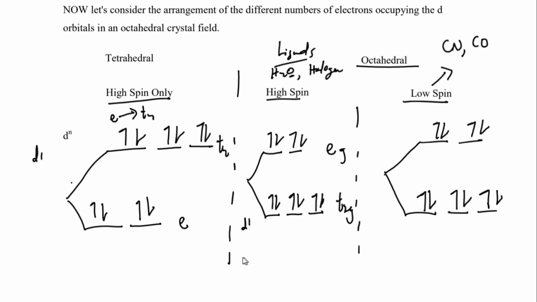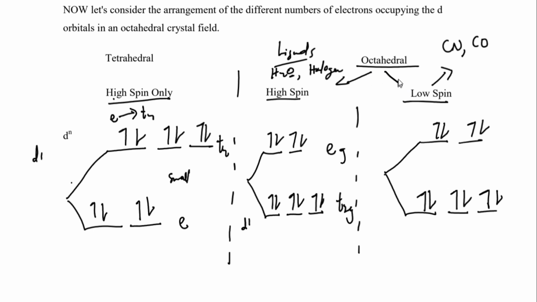So basically the conclusion is that tetrahedral crystal fields have only high spin, because the splitting distance is very, very small, so you fill everything first before you start to pair. But an octahedral complex can be high spin or low spin.